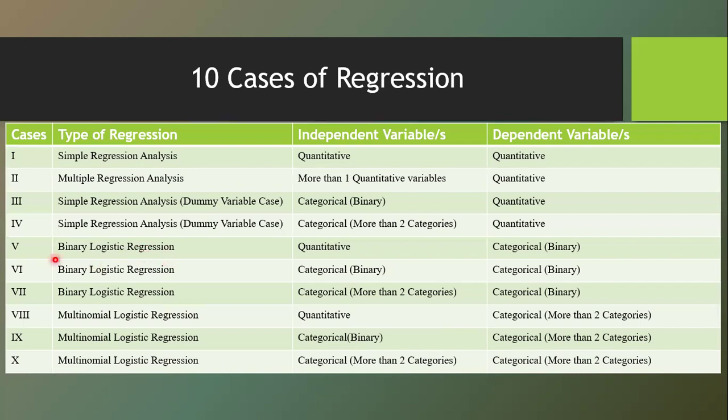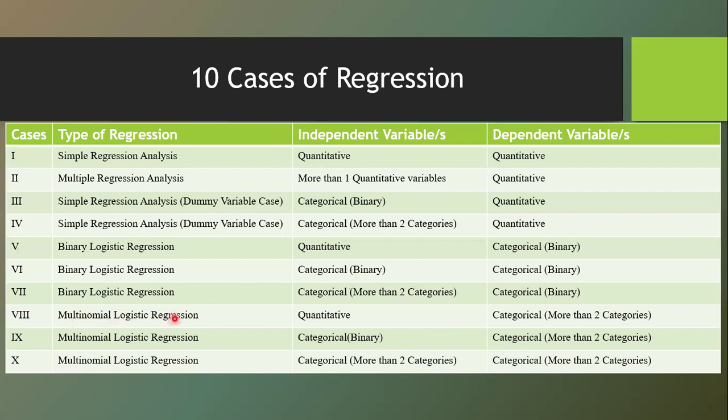So case 5, case 6, and case 7 are related to binary logistic regression, where your dependent variable is binary while your independent variable might be quantitative, categorical, or categorical with more than two categories. And then in case number 8, you are going to watch multinomial logistic regression.